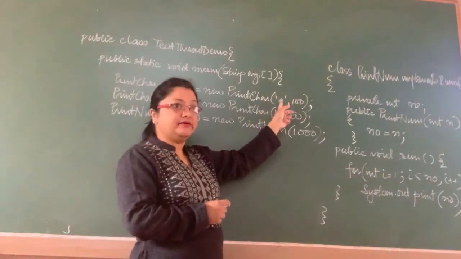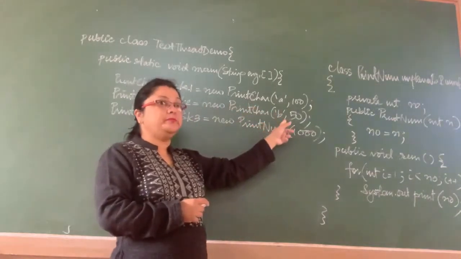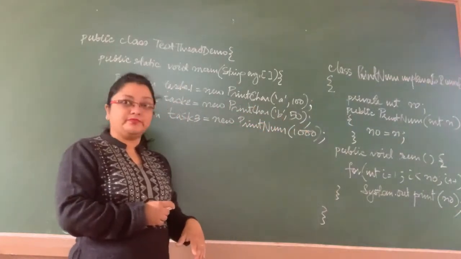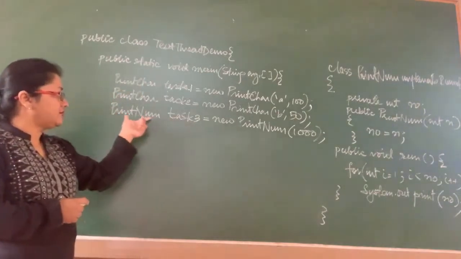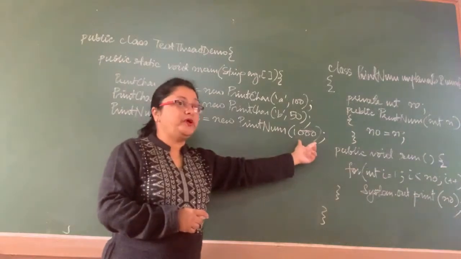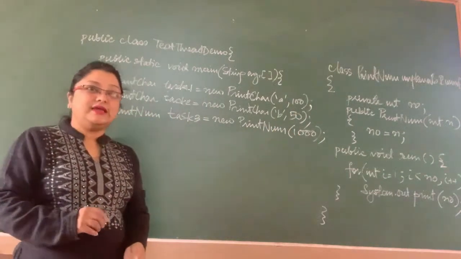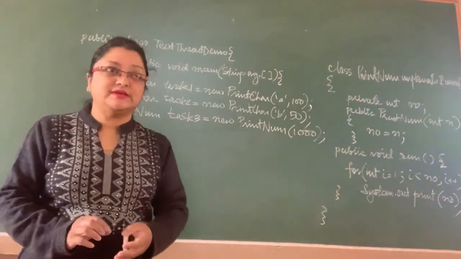I'm saying the character A I want printed 100 times. For the second task, I want B printed 50 times. Then task3 is of a different class, printNum, so it's going to print from 1 to 1000. So, three tasks. Now let us see how we can assign them to threads.